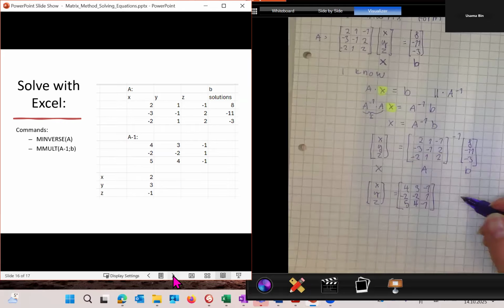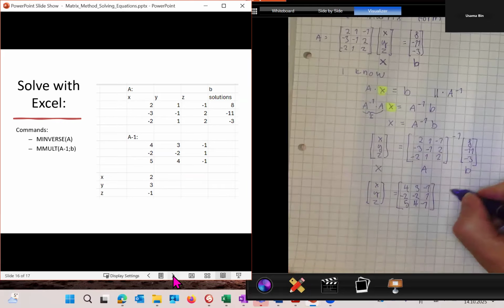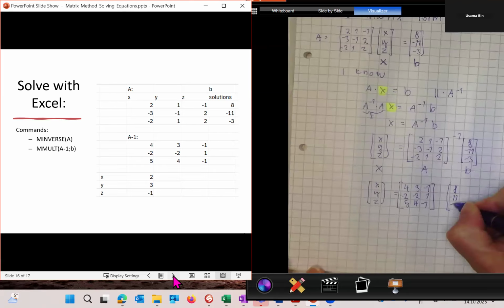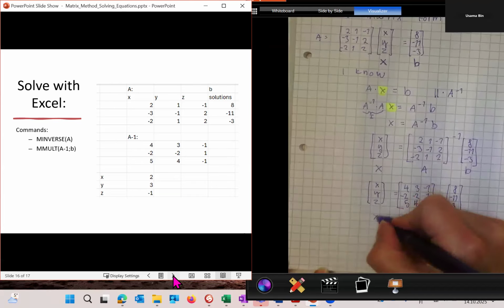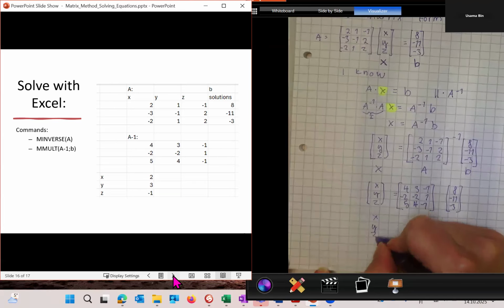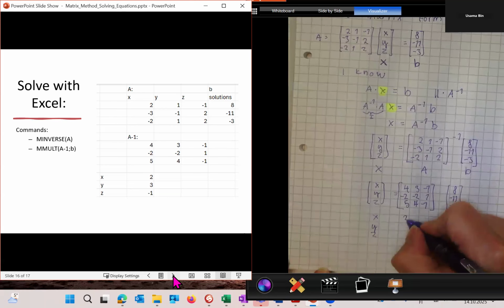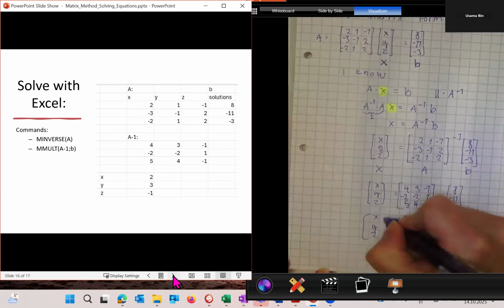And then with this, I would need to multiply now this 8, minus 11 and minus 3. And I would get then those solutions x, y, z would be 2, 3, and minus 1. Okay, I can mark it like this.